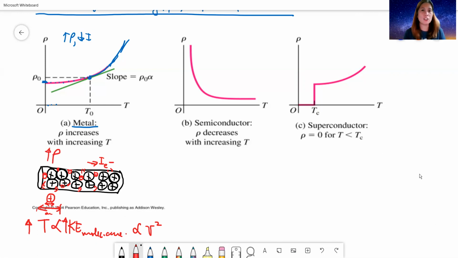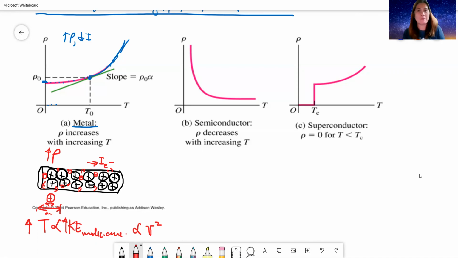That's the reason why the additional energy causes the positive ions to move more vigorously, and consequently the electrons will have a harder time passing through them, making a complete travel in the circuit.